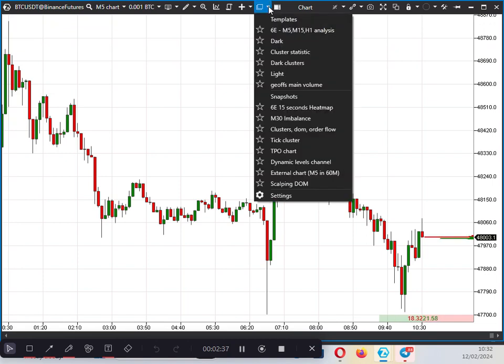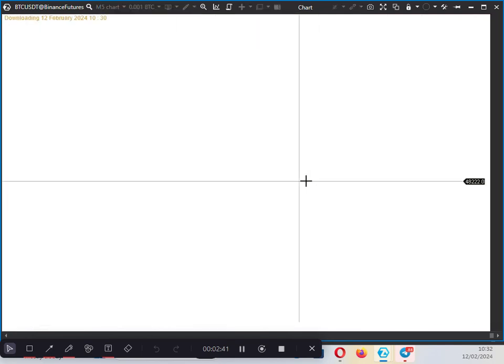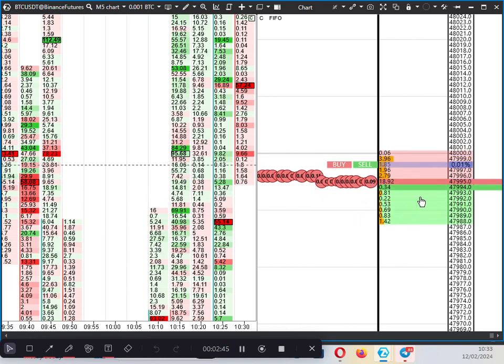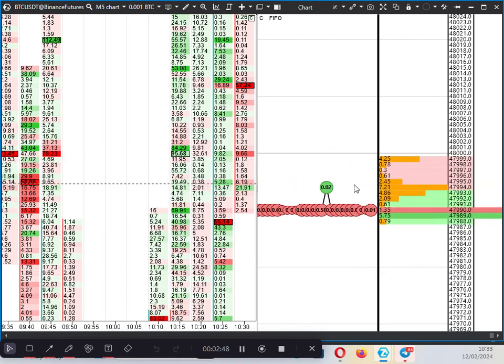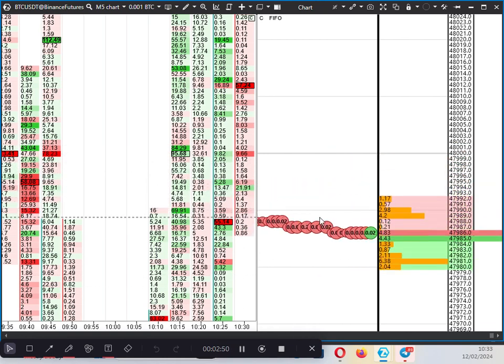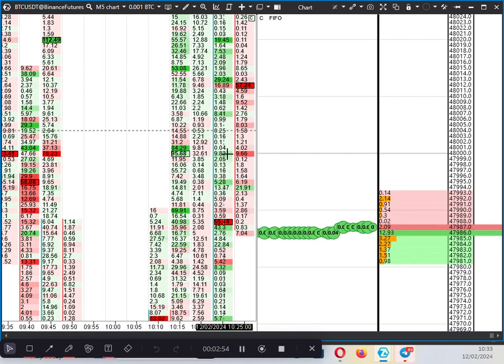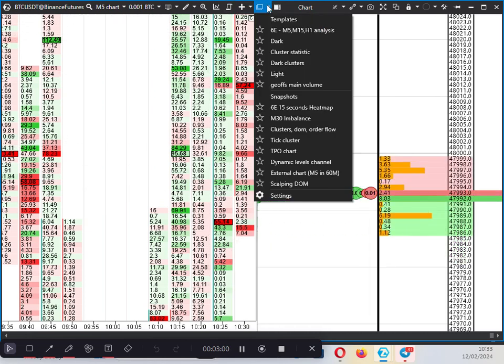So you've also got these pre-built templates. Click Scalping, done. This shows you live feed of prices coming in and out. And then obviously you've got your order flow here. These are just all your settings that you can use.